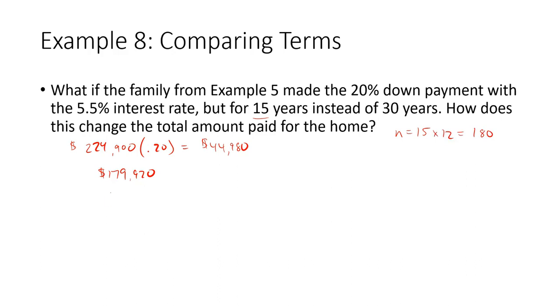To figure out the monthly payment, we're going to multiply the amount financed, $179,920, times the interest rate divided by 12, 0.055 divided by 12, and then divide by, from that formula, everything in the denominator, 0.055 divided by 12, to the minus 180.